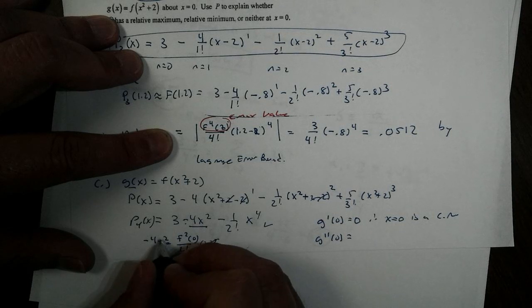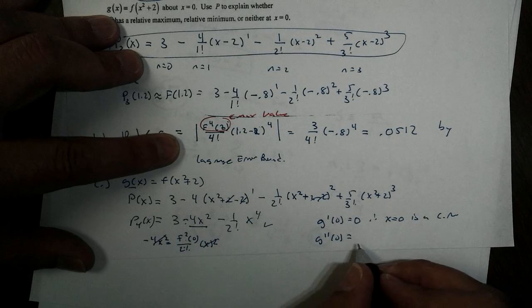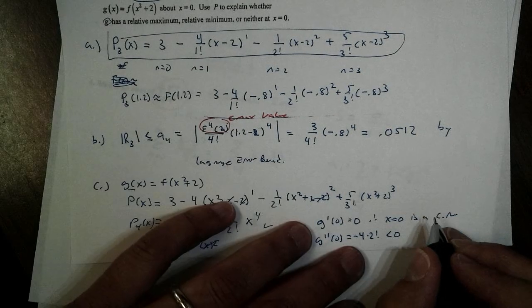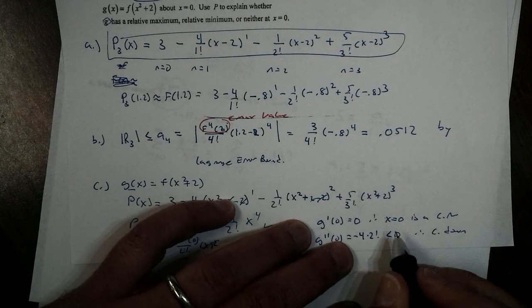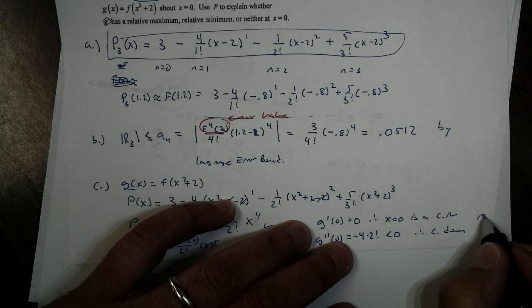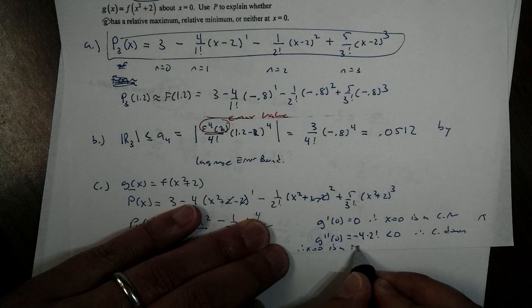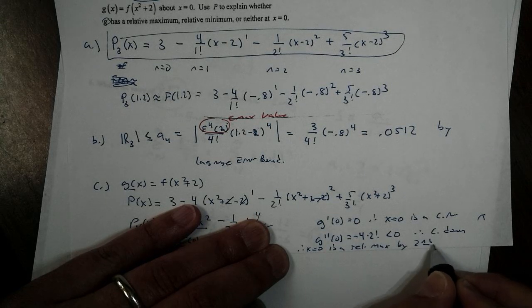My polynomial, those cancel, and I'm left with my second derivative has to be this negative 4 times 2 factorial, which is less than 0, so therefore this is concave down. So we have a critical number that's concave down, so this is a relative max. Therefore x equals 0 is a relative maximum, and this is our second derivative test.